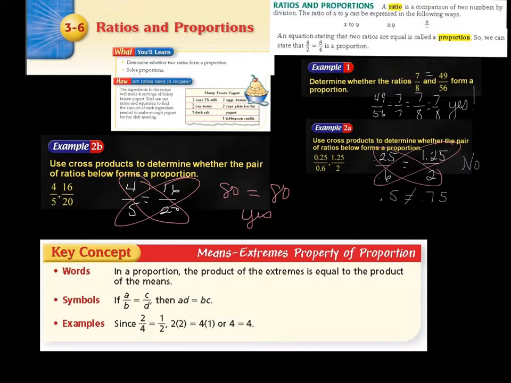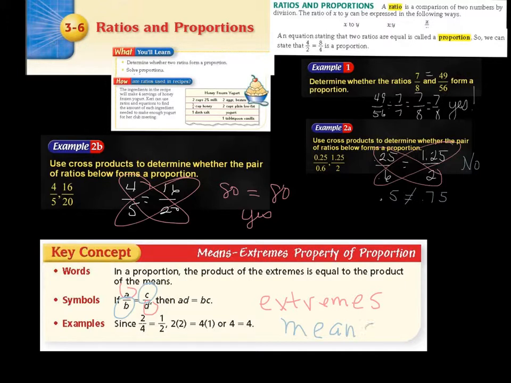In a proportion, the product of the extremes is equal to the product of the means. So they're calling the letters in this one, A and D are called the extremes. And so that means that B and C are called the means.